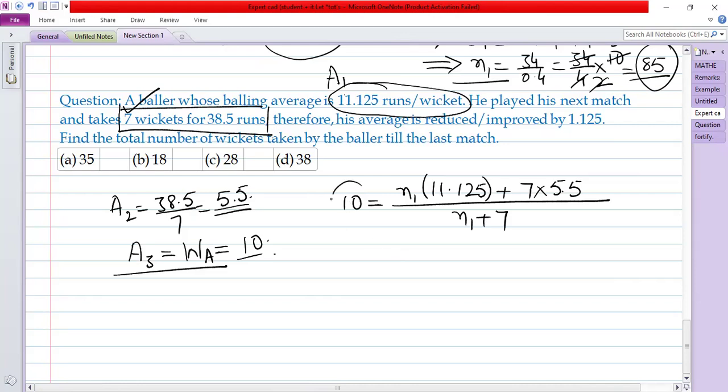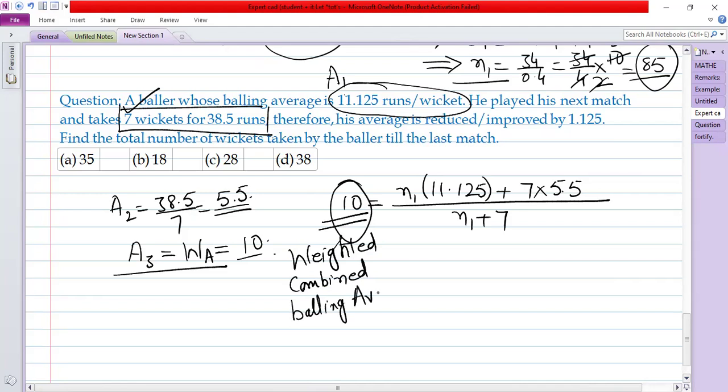So what is this 10? It is the weighted or combined bowling average, up to the last match, means in the total matches or total innings.